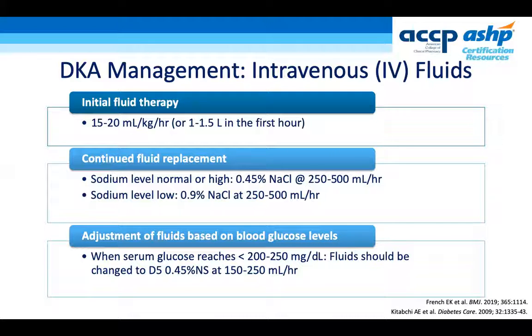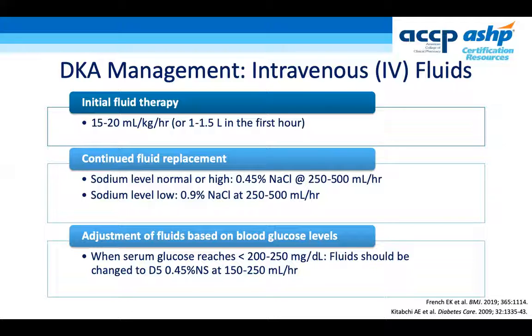If the sodium level remains low, you can continue with NS or with other balanced fluids if you prefer, LR or Plasma-Lyte, at 250 to 500 mils per hour, just depending on the patient's weight, their renal function, how much fluids they need, and so on.